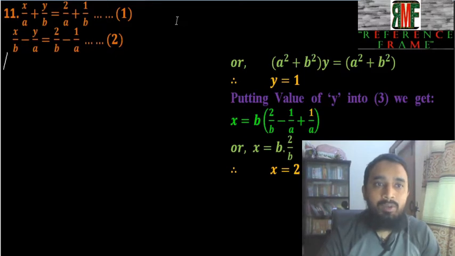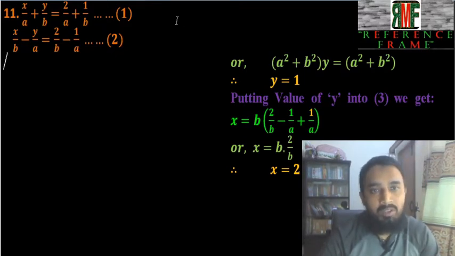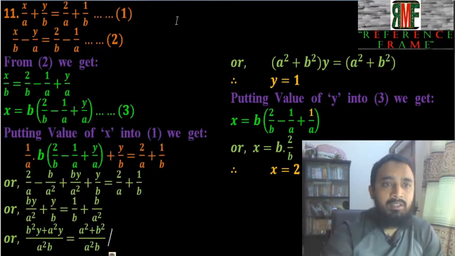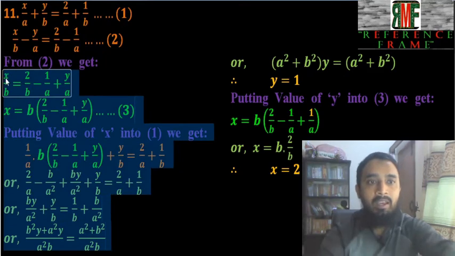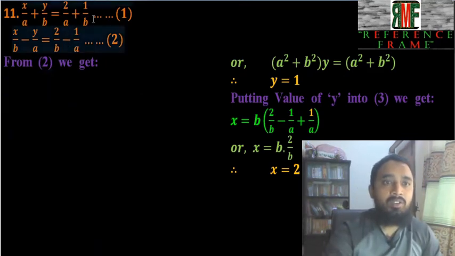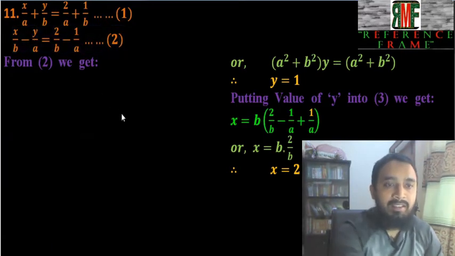Now we need to focus on a variable to substitute. So we're going to focus on x again. Among these two, this time we're going to choose equation 2, since there is a minus sign. So from equation 2, let us see what we're going to have.